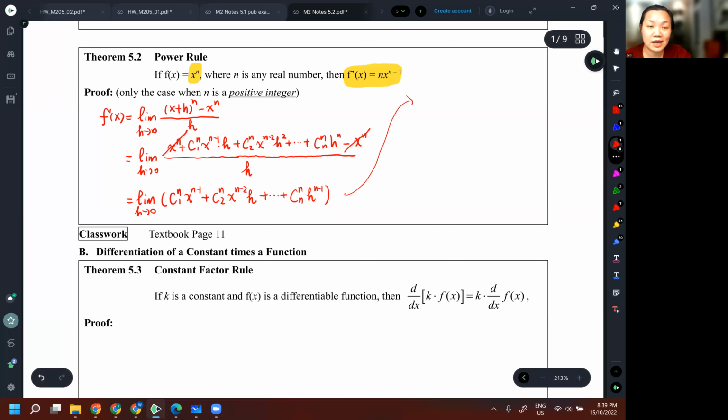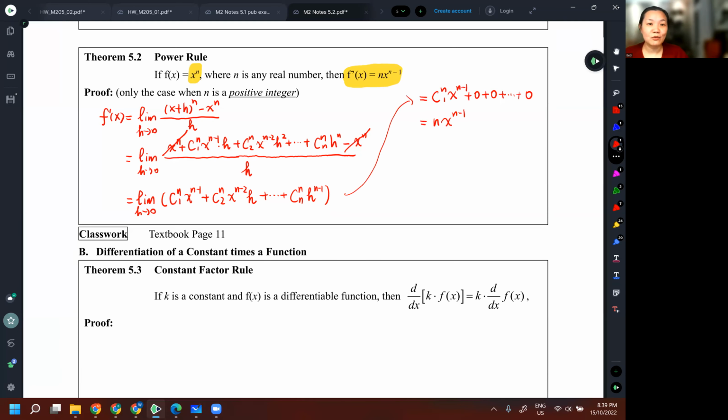And then you send h to 0. You will get nC1 x^(n-1) plus 0 plus 0 and plus a lot of zeros. And then you will get n times x^(n-1). That's why the power rule is correct for n a positive integer.